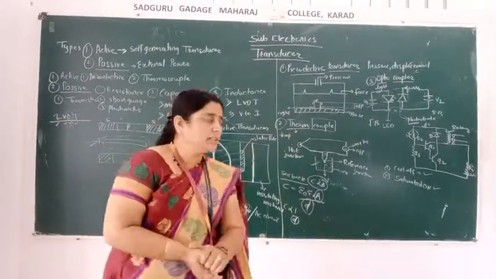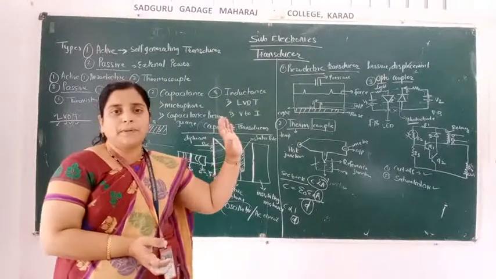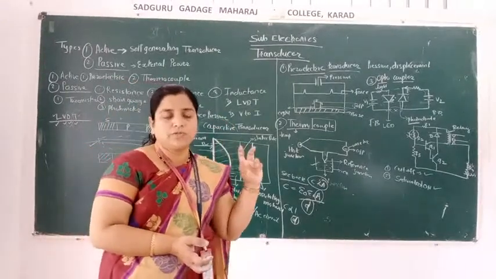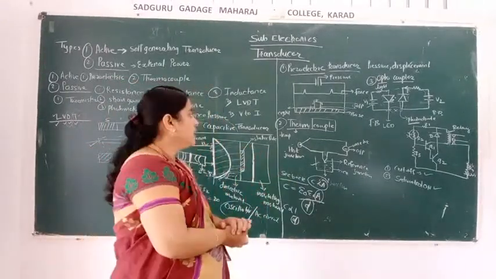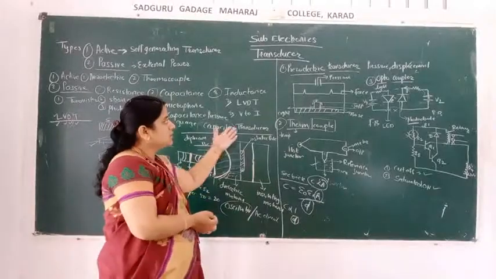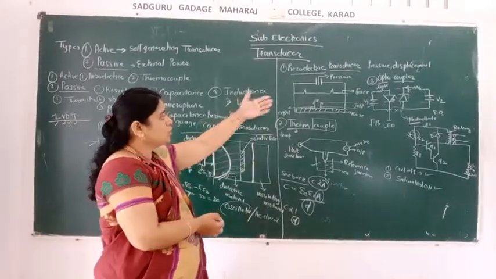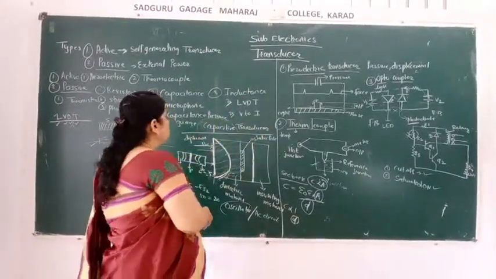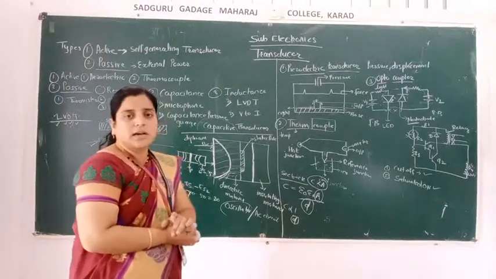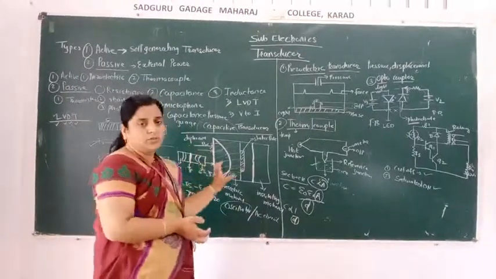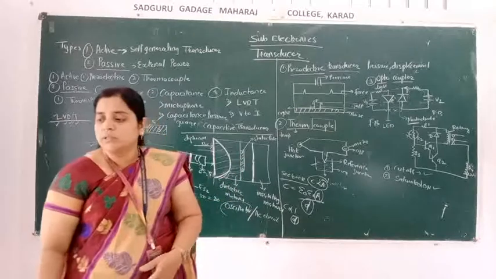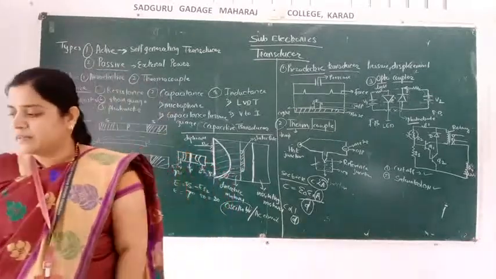Okay, students, this is a very simple chapter. It has a weightage of only 10% of marks, as I have told you. And how many transducers are there? 1, 2, 3, 4, 5, 6, 7 transducers are included in this chapter, and you have to do them perfectly.